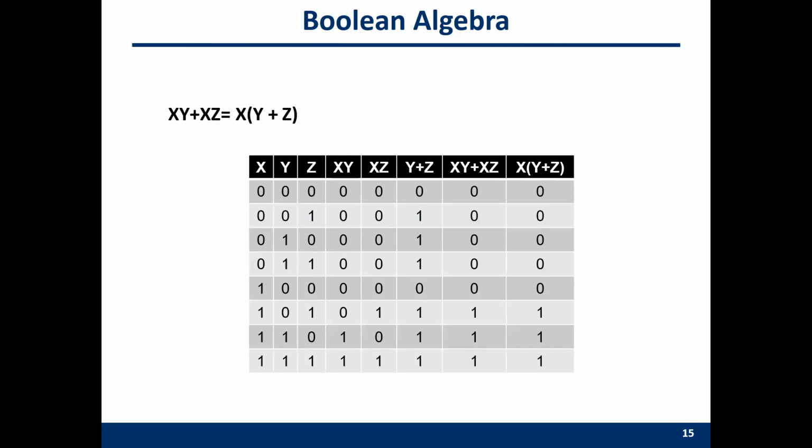And then we set 2 intermediate variables. The first one is x and y. Why? Because the AND operation has higher priority than the OR operation. So we group x and y as the first intermediate variable. And the second intermediate variable is x and z.